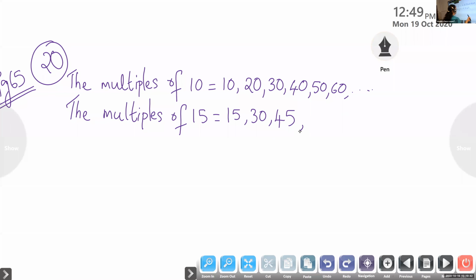And 15 into 4 is 60. Very good. We can write like this because these multiples are unlimited.